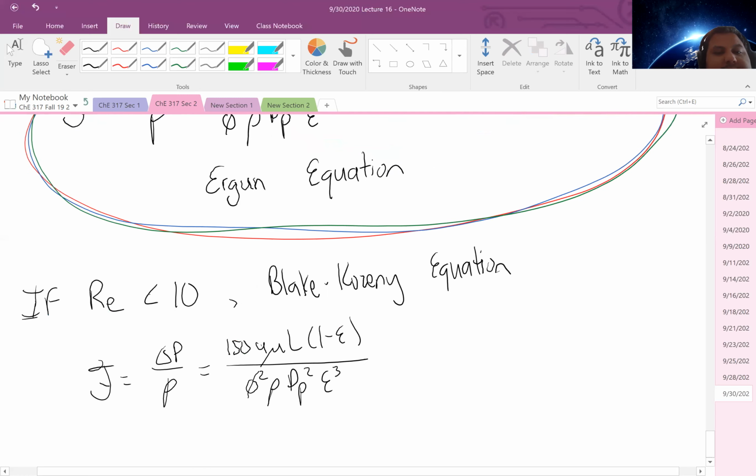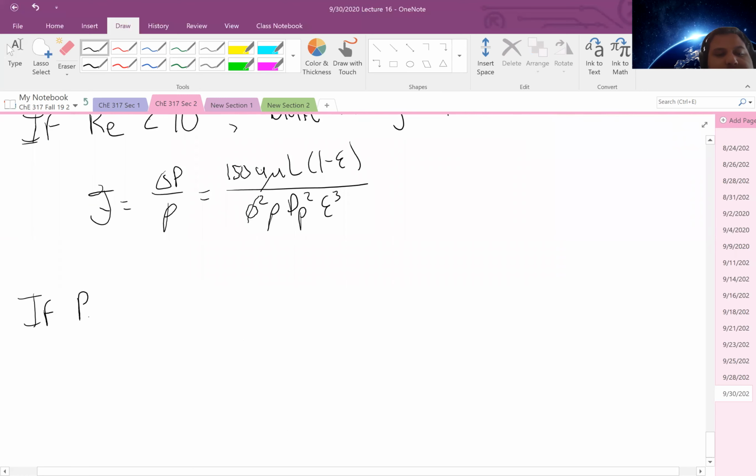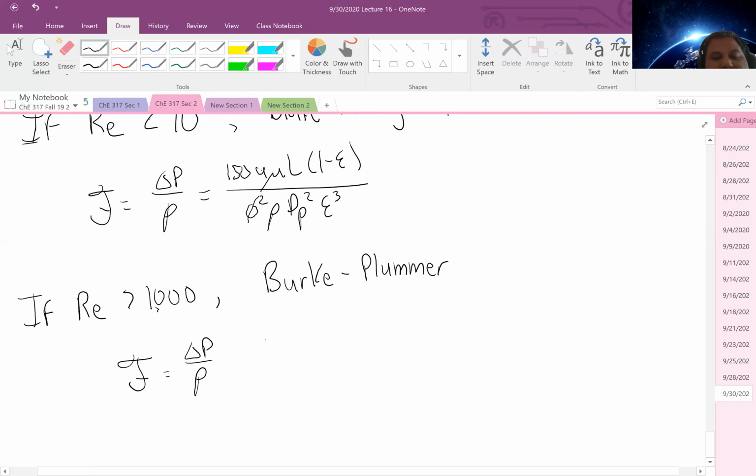And if our Reynolds number is sufficiently high, or greater than 1,000, we can rely on the Burke-Plummer equation, or simplification, which simply states that our frictional dissipation, delta P over rho, is equal to 1.75 u naught squared L, 1 minus epsilon over sphericity, diameter of the particle, epsilon cubed.